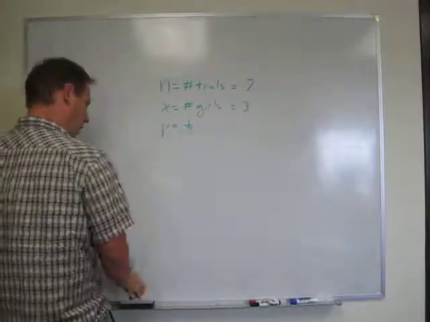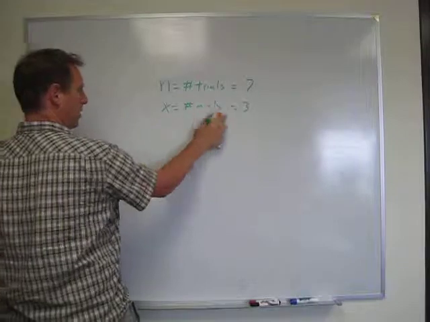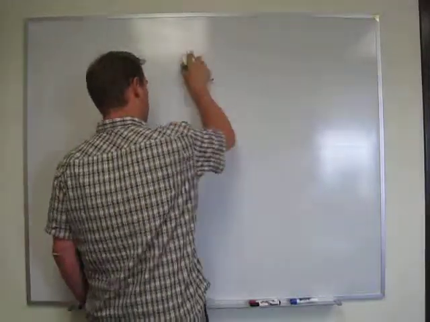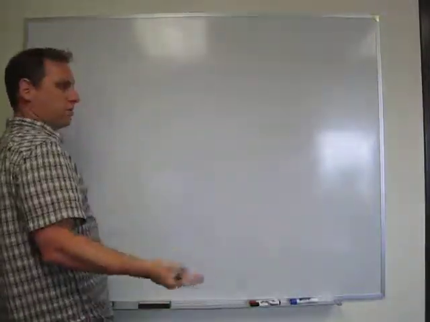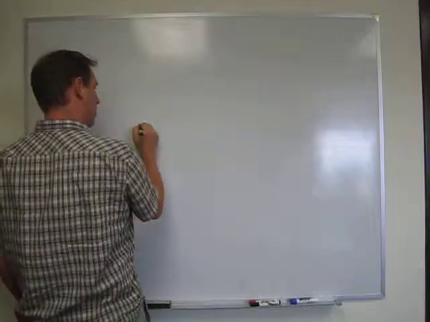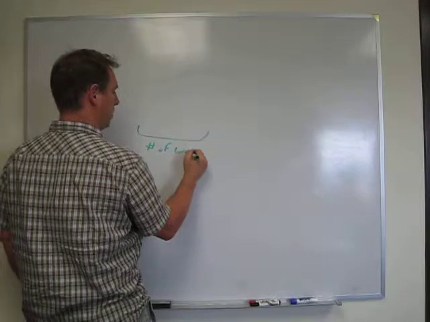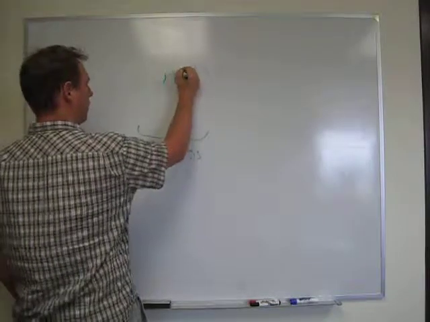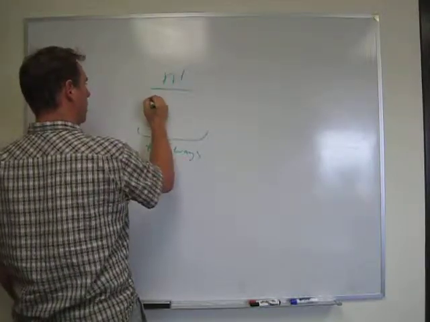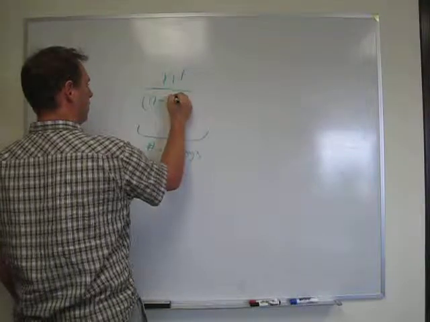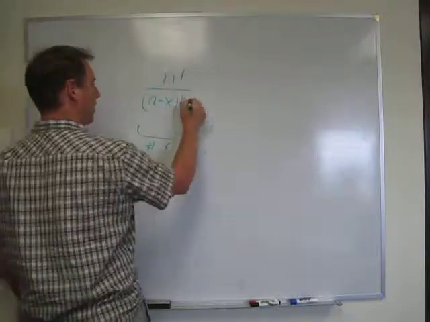So to calculate that, I gave you a little bit of a formula, and the way that formula worked is it basically counted all the ways in which you can get 3 girls, giving this part of the equation. This is the number of ways, and that was given with n factorial over (n minus x) factorial times x factorial.